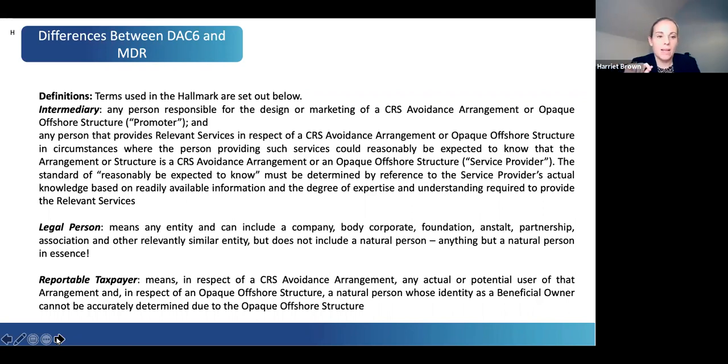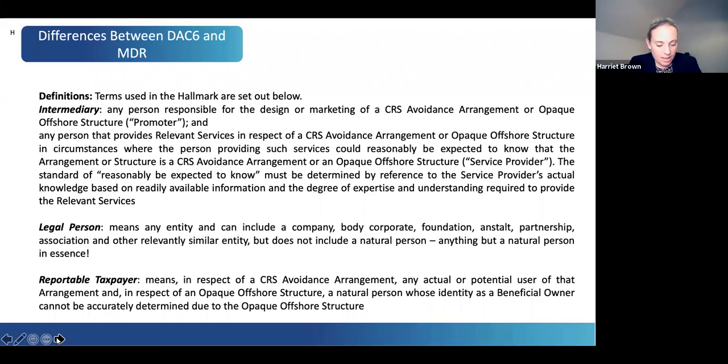So to highlight there, while DAC6 is broader, it's arguable that MDR and DAC6 hallmark D have a great degree of commonality. So let's look at some of the terms briefly.